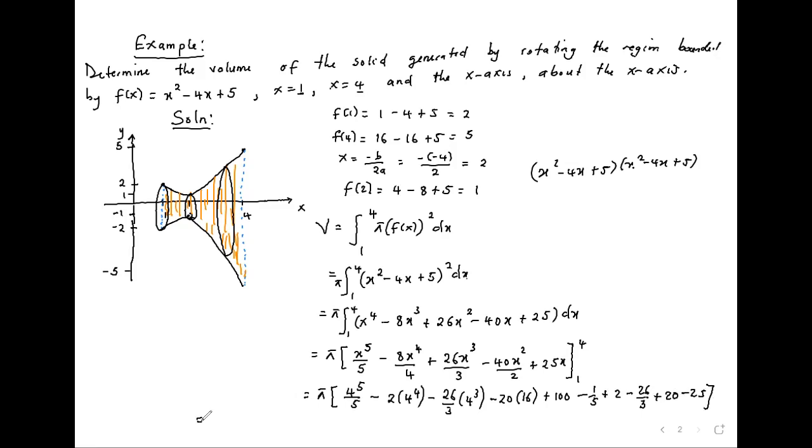What do we get? We should be able to get 78 over 5 pi. Like that. Because this is volume, we write units cubed.